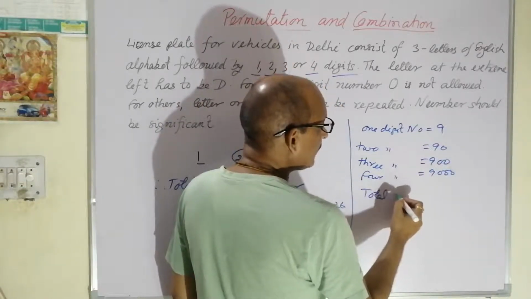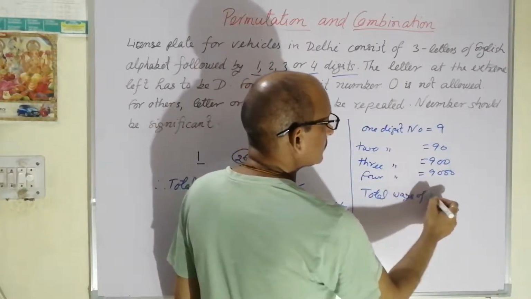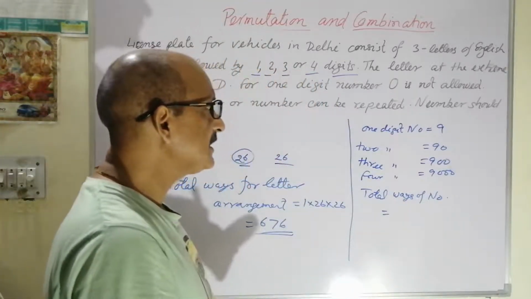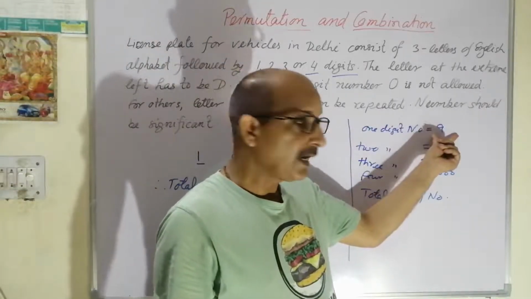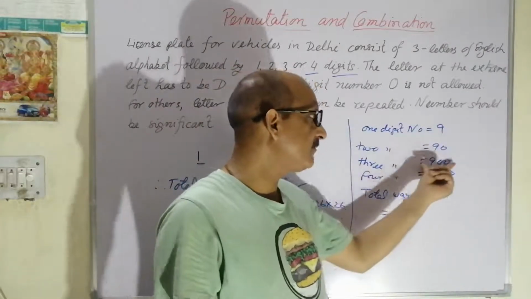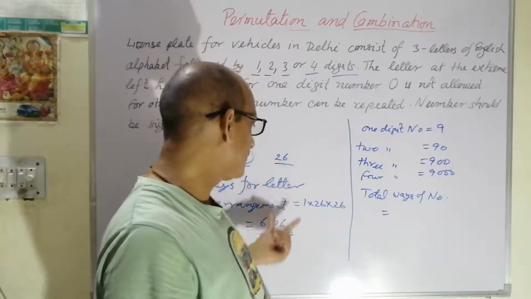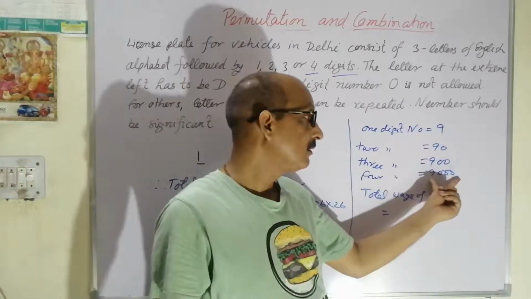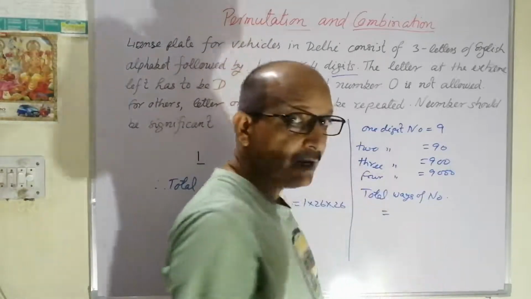So total permutation for numbers, or total ways of numbers. Again we have to apply some concept over here. These letters can be followed by 9 numbers, and these by 90 numbers, and these by 900 numbers, and these by 9000 ways. So for the total number of ways, which concept will be applied?